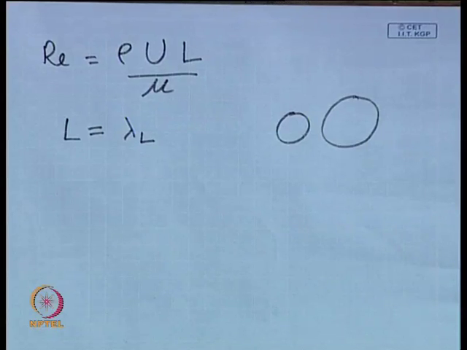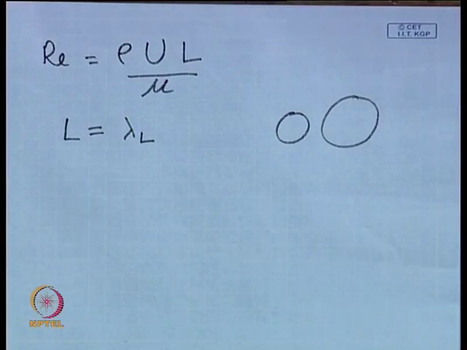So, definitely the diameter, or let us say the internal diameter of a tube, does not become the characteristic length in a boiling heat transfer process. It has to do something with the bubbles, because those bubbles are very important for the transport of heat.